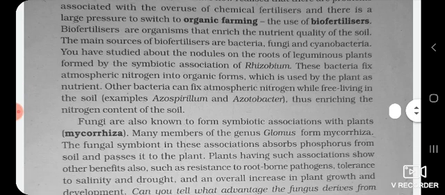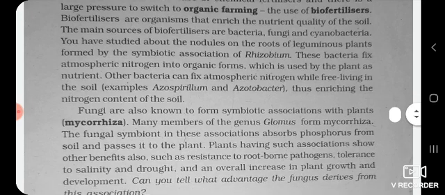Biofertilizers are organisms that enrich the nutrient quality of the soil. The main sources of biofertilizers are bacteria, fungi and cyanobacteria. For our state board we have discussed this, that biofertilizers are the organisms which increase the nutrient quality of the soil. Mainly bacteria, fungi and cyanobacteria are used as biofertilizer.